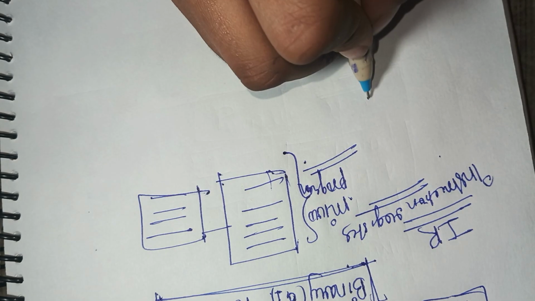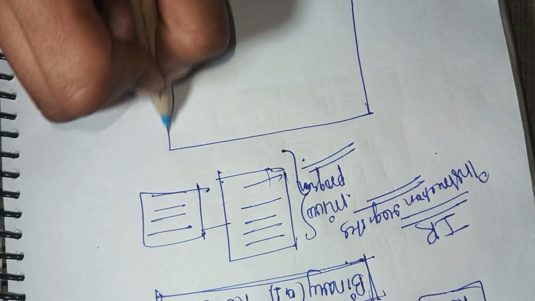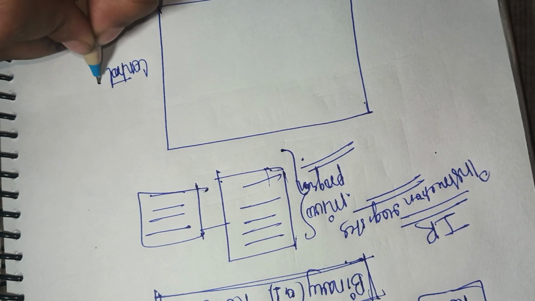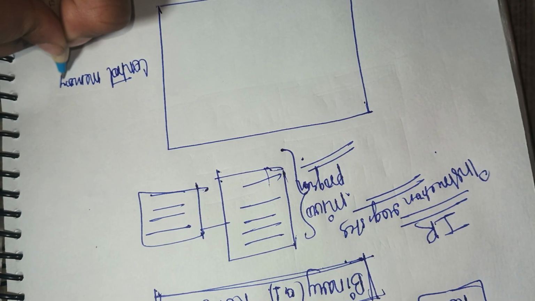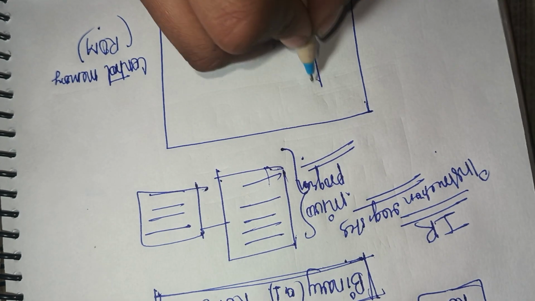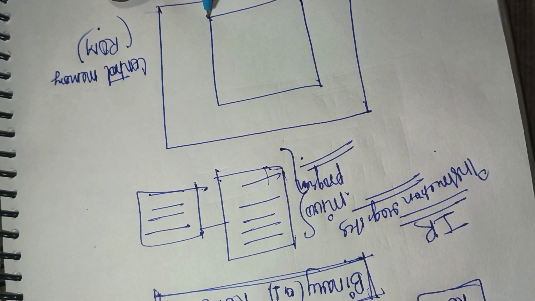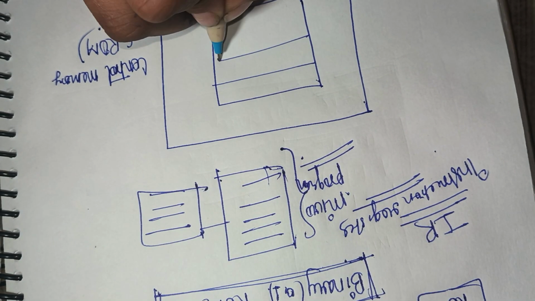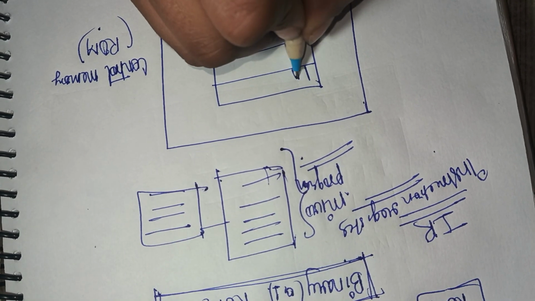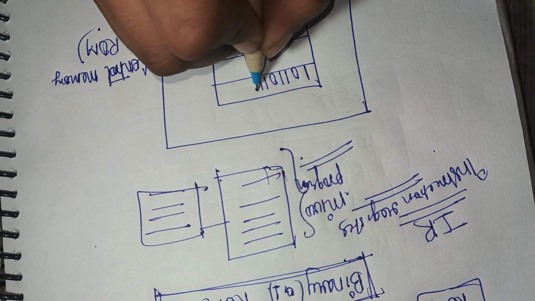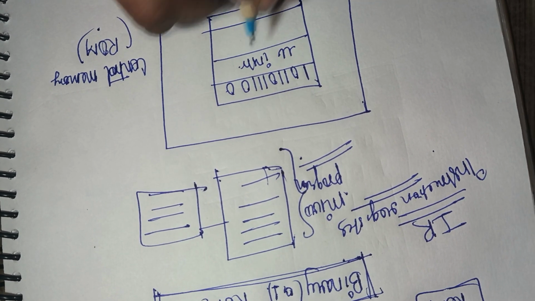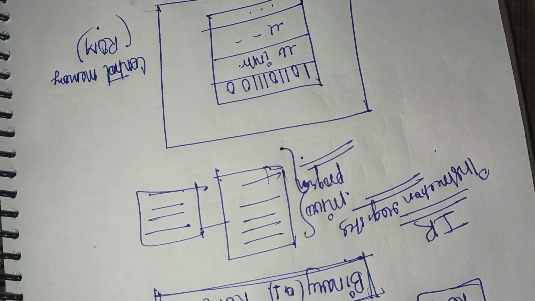If we talk about the overall structure of the control memory, here is the control memory, ROM, that is read only memory. Micro instruction, and micro instruction.